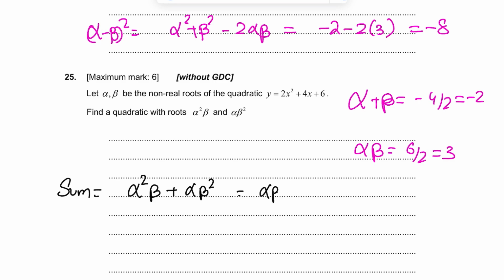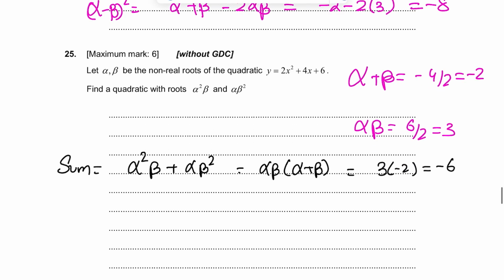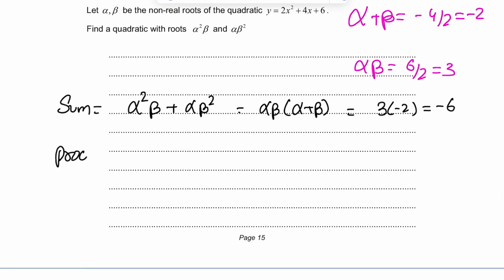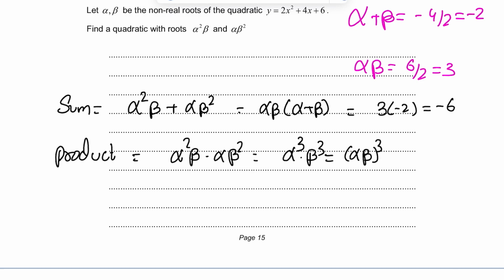I take alpha beta common, so it becomes alpha beta times alpha plus beta, which is 3 times negative 2, minus 6. So the new equation's sum of the roots is minus 6. Product of the roots is alpha squared beta times alpha beta squared, which is alpha cubed beta cubed, which is alpha beta whole cubed. That is nothing but 3 cubed, which is 27.